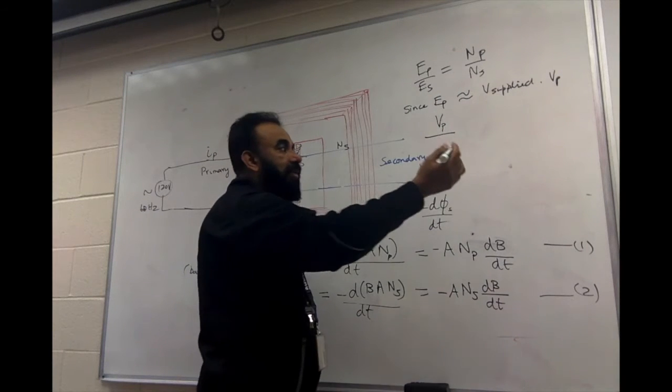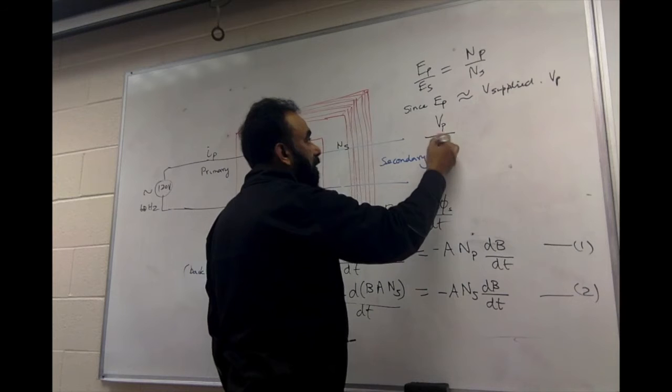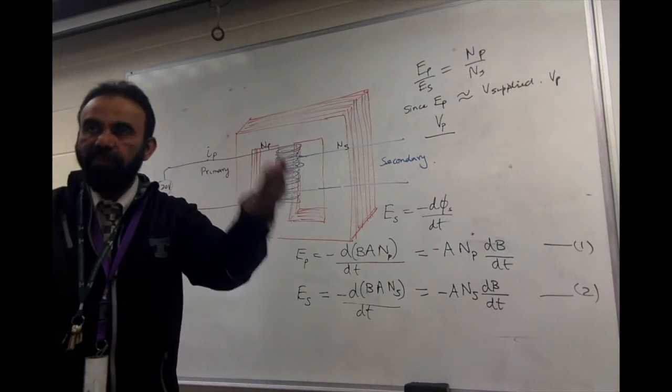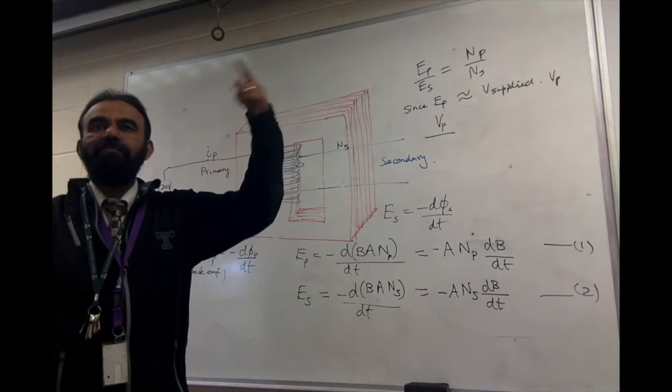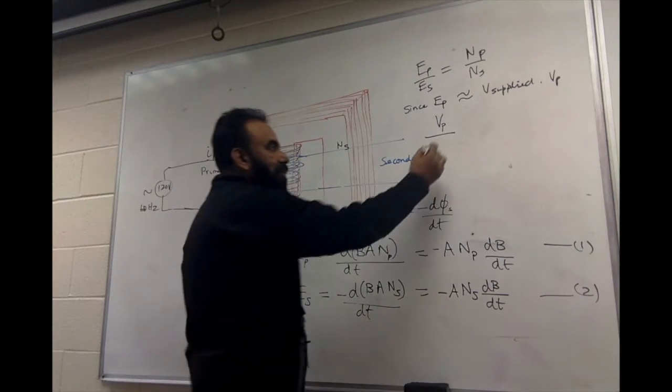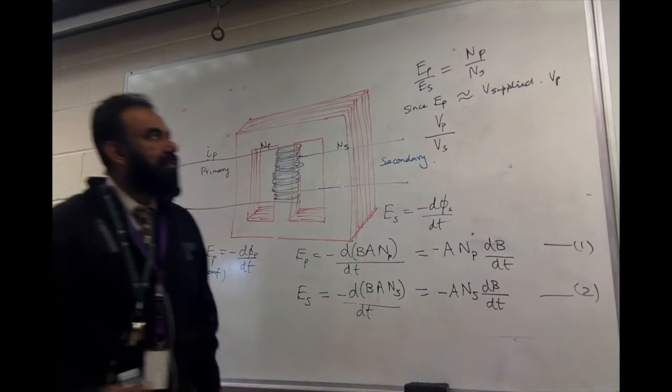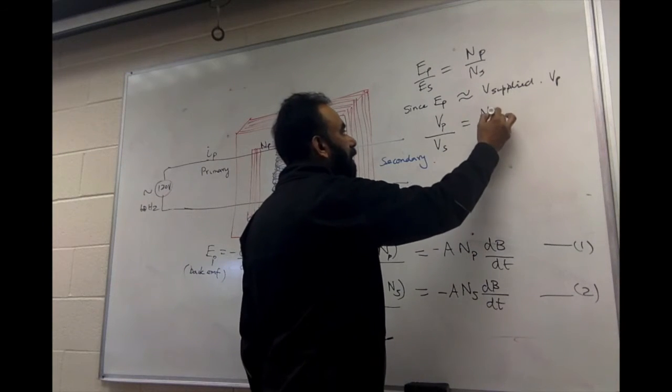Voltage supplied to the primary over EMF induced in the secondary. Some books call it VS, voltage in the secondary. Instead of using the term EMF, they just say how much is the voltage in the secondary. Is equal to NP over NS.